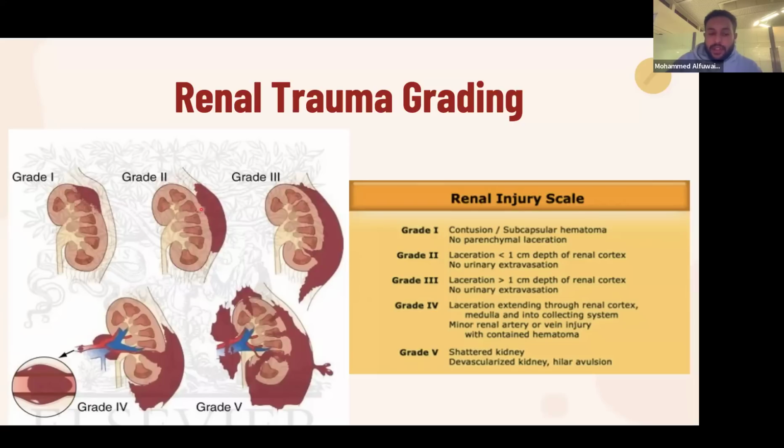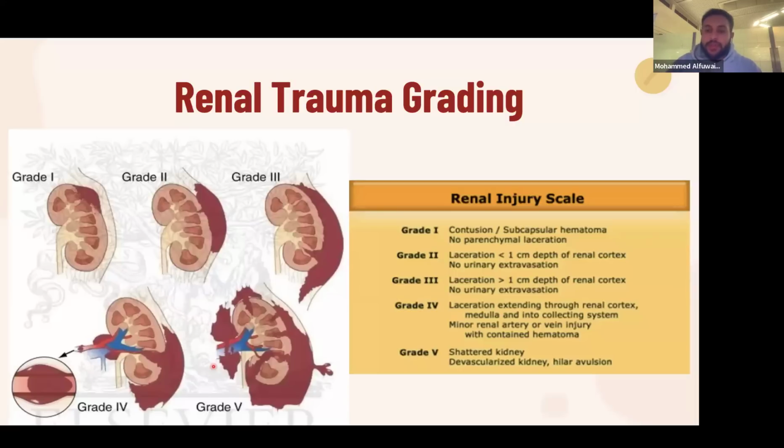Grade 2, if it goes just into the cortex, less than 1 centimeter. Grade 3, it goes deep, more than 1 centimeter into the cortex. Okay, simple. Grade 4 is it goes into the renal cortex, into the medulla, into the collecting system. Okay. Grade 5 is shattered.